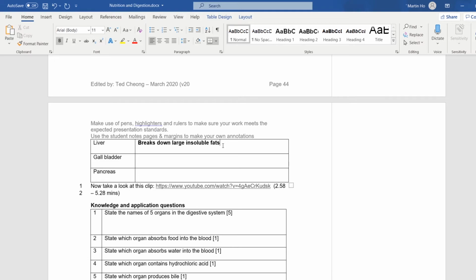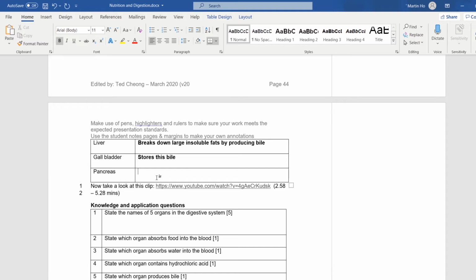It does so by creating a chemical called bile. Next we have our gallbladder. The gallbladder stores bile that is produced by the liver, just in case we need to use it later on.